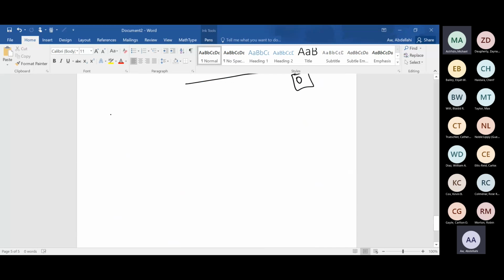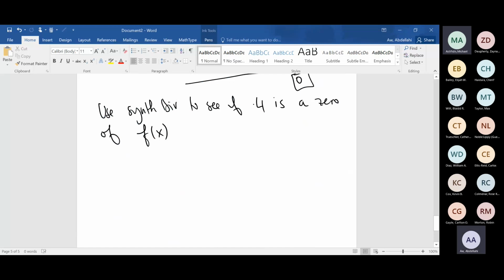Use synthetic division to see if negative 4 is a 0 of f of x equal to 2x cubed plus 7x squared minus 14x minus 40.